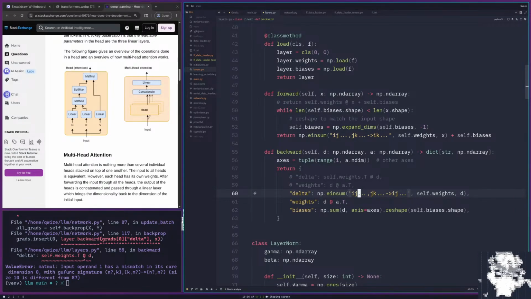So IJ, IK goes to JK. And then D comma A. Okay, I think I can just do this the other way. Let me just do this by doing the definition of a matrix multiplication.